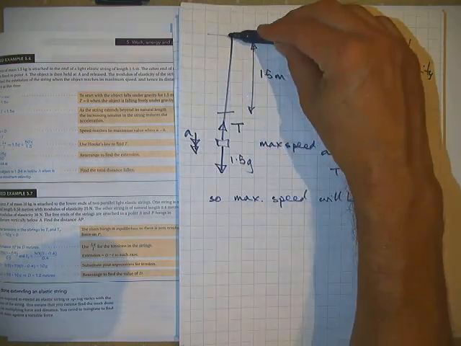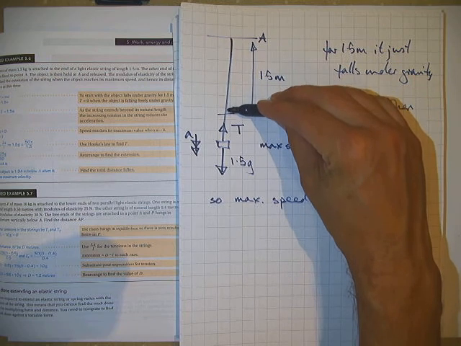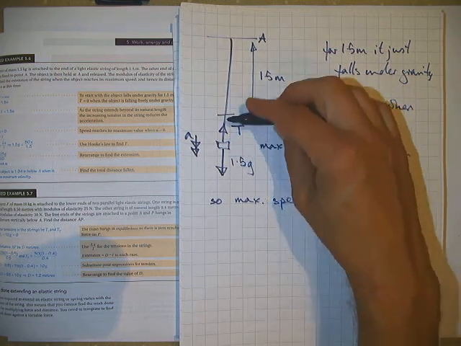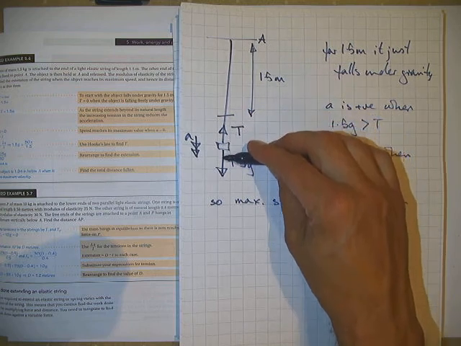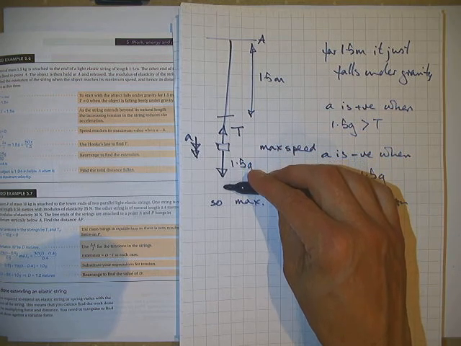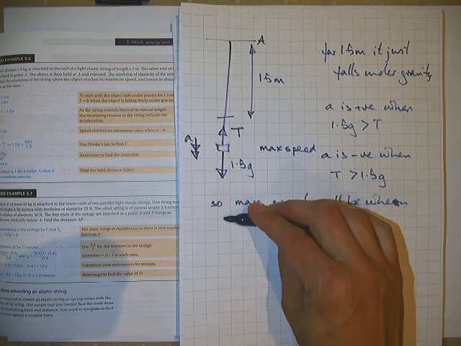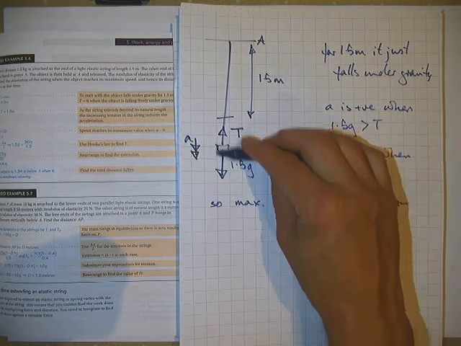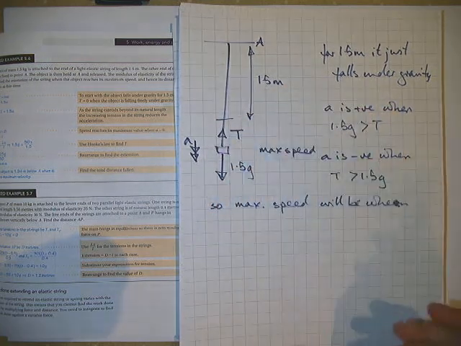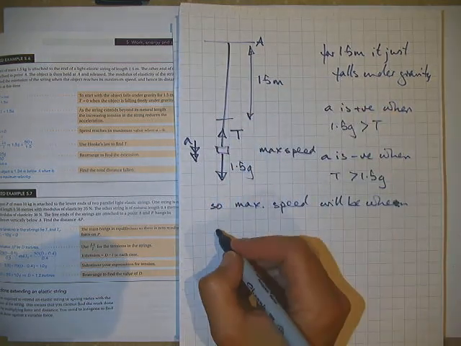So it falls at 9.8 meters a second. As soon as the string starts stretching, this tension is increasing, so it's still accelerating until eventually it'll start slowing down. Still keeps going downwards until eventually stops. So the maximum speed isn't the bottom, it's the point where these two things are in balance, okay?